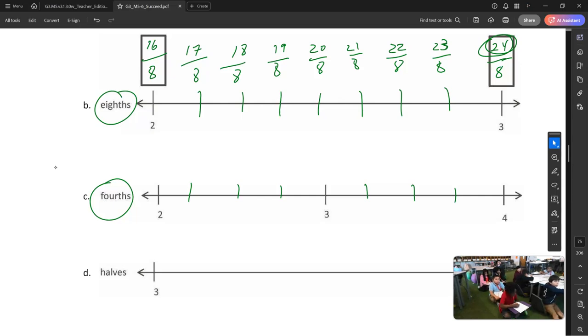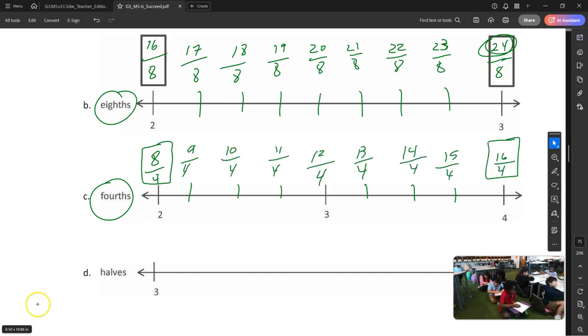How many times? 2, 4, 8. So 8 halves. No, sorry. 8 fourths. My fault. 8 fourths. And then we square it because that is a whole. Because we're counting by fourths, right?